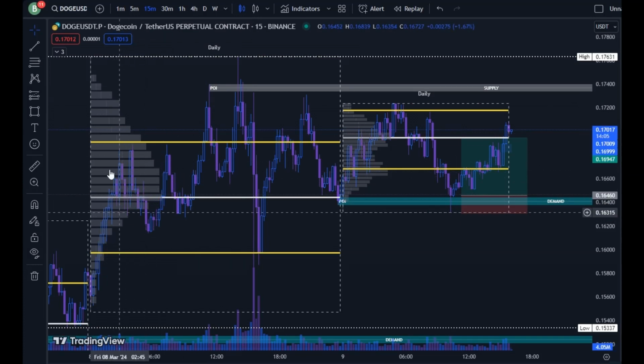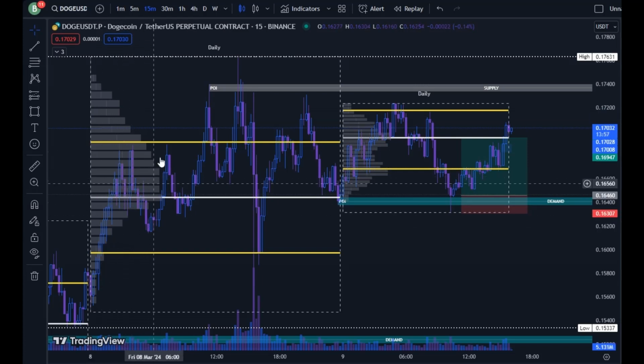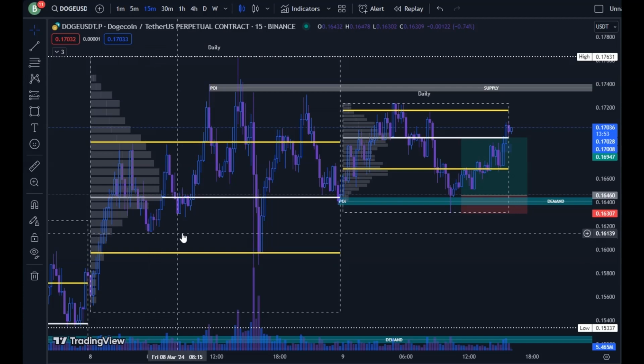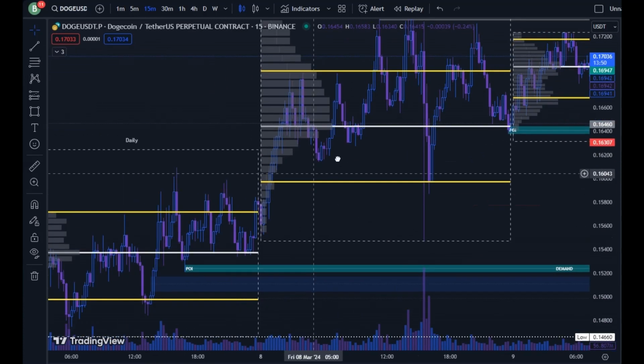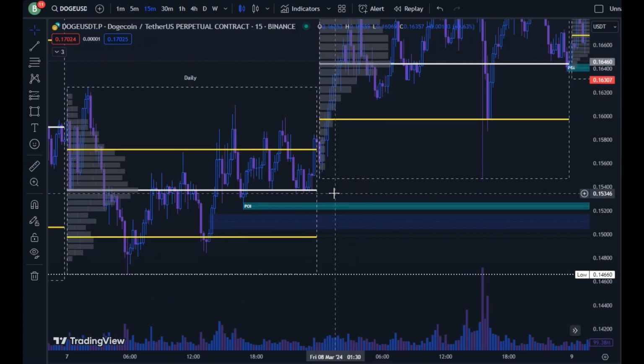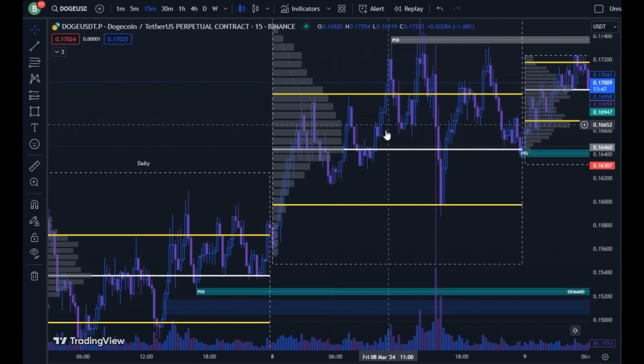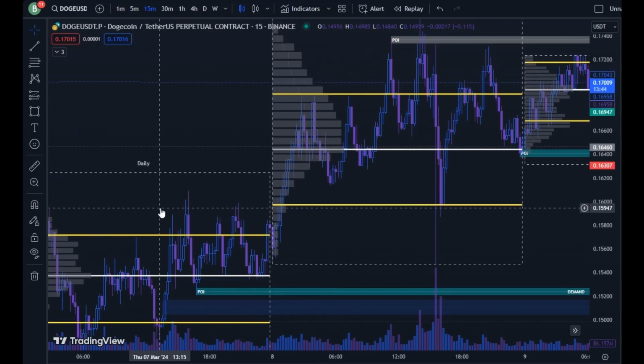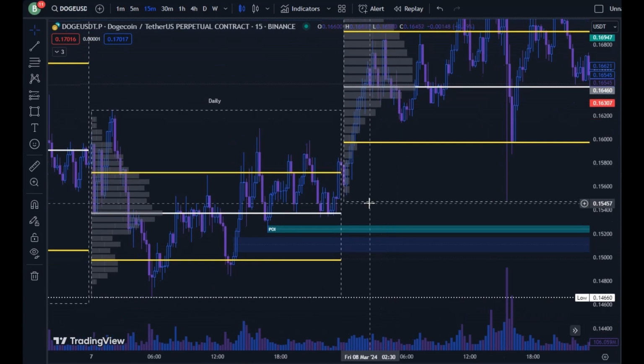There's a lot of volume here, and previously, yesterday, it came back here and you've got a lot of volume. You've got the same sort of setup here, but because not yesterday but the day before yesterday, which was the 7th of March, the point of control is here.